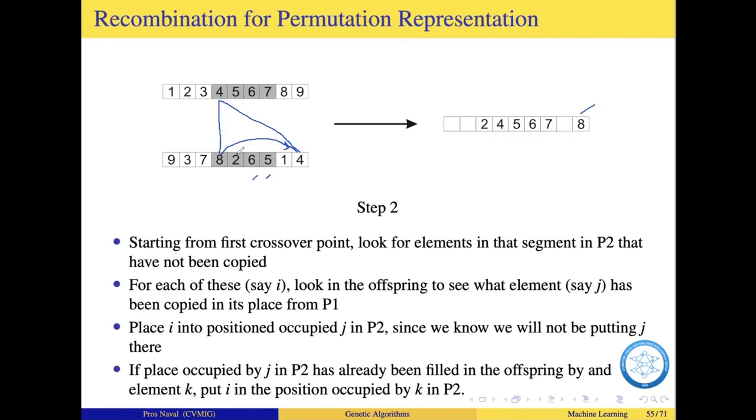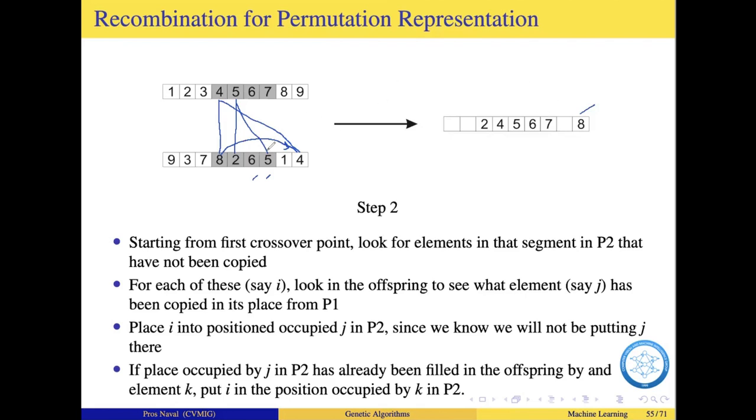Okay, so now we have this. How about this one? Again, using the same idea, we go up and we look for the value 5 here. The value 5 is there, right? Therefore, we should be transferring 2 to that position. But that position is already occupied by 7.